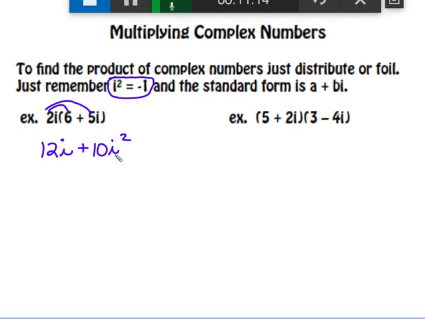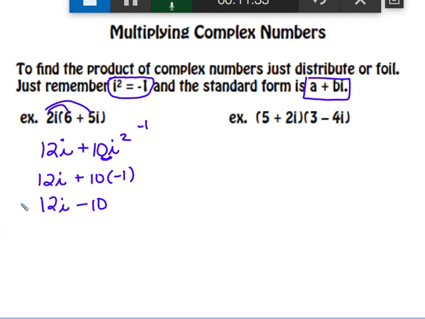Well, i squared, remember we just said that it's equivalent to negative 1. The operation between the 10 and the i squared is multiplication. So it's really 12i plus 10 times negative 1, which would be 12i minus 10. Well, they want us to write it in standard form. So to write it in standard form, you need to switch it around and make it negative 10 plus 12i.